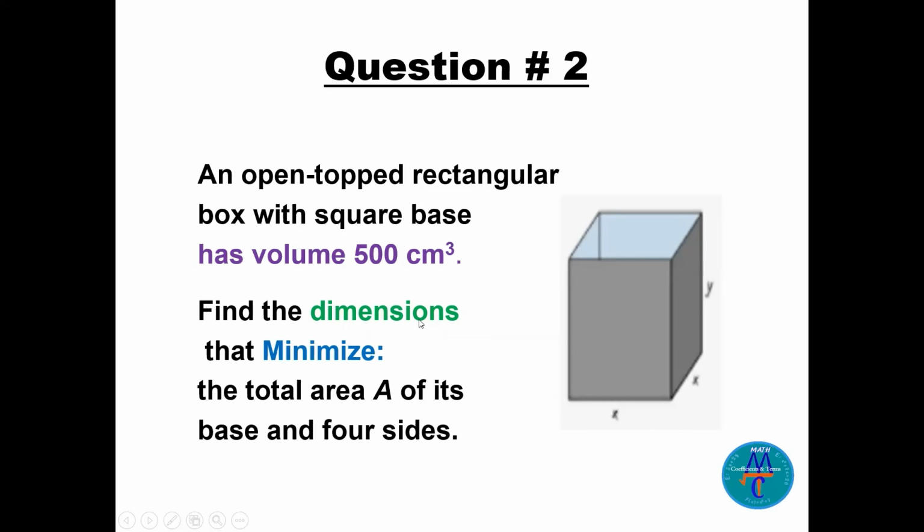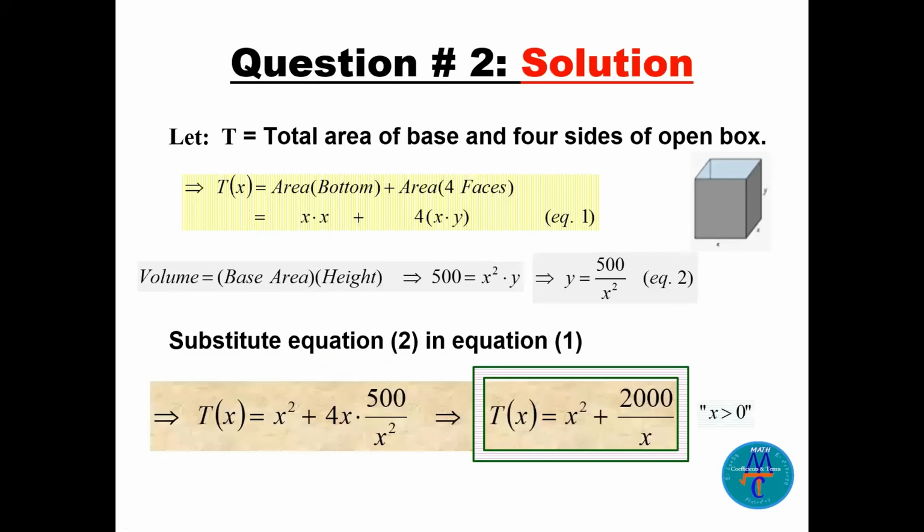Find the dimensions, the x and the y, that will minimize the total area A of its base and the four sides. So we need x and y that will minimize the total area of the base and the four sides.